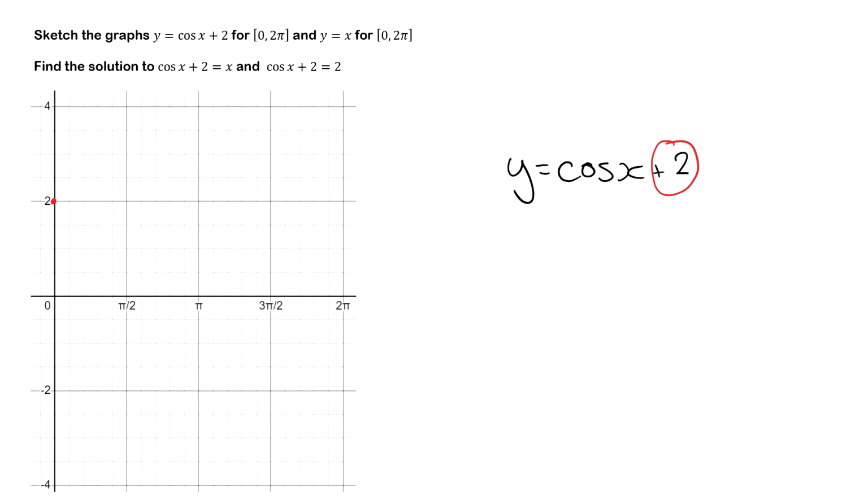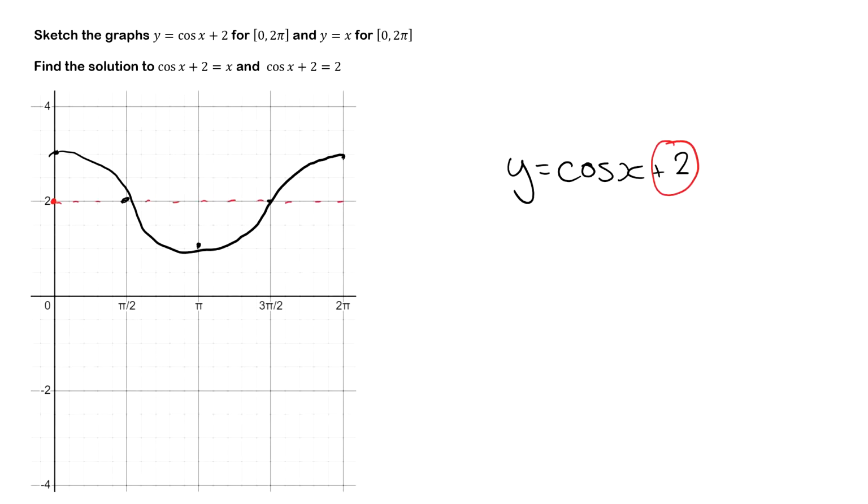So we'll be rotating around this point, this dotted red line. We know we start 1 up from that for a cos, so we're going to start at 3, and we're going to cross down here, reach this point at pi, and then back up. So our cos graph is going to look something like that.